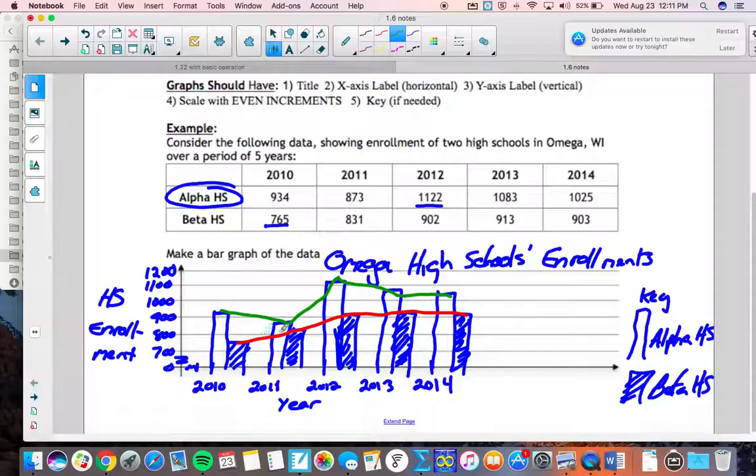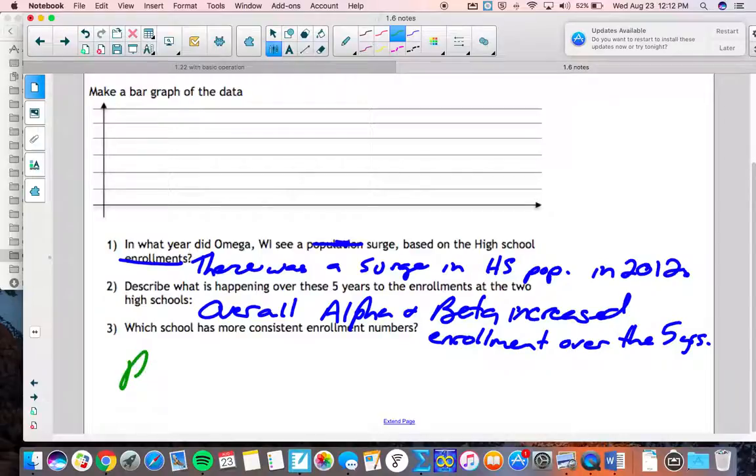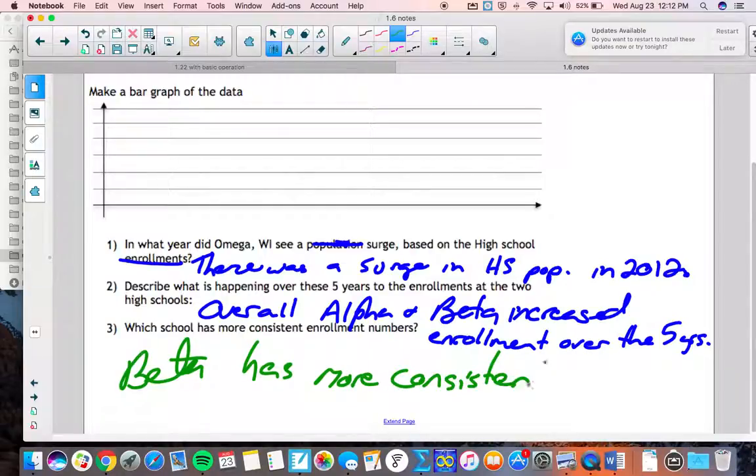If you look at the red line, it's moving up. Yes, it does change, but not as much as this one's all over. Alpha's all over the place. Beta has more consistent enrollment numbers.